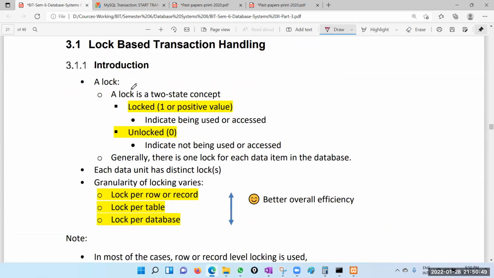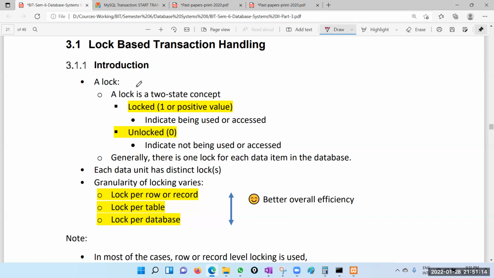Right. In log-based transaction handling means we are making sure that your transaction is serializable, and we make it and execute it real time. හදන අතරතුර අපි execute කරගෙනත් යනවා. Right.